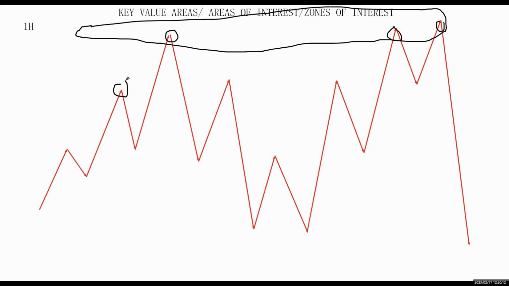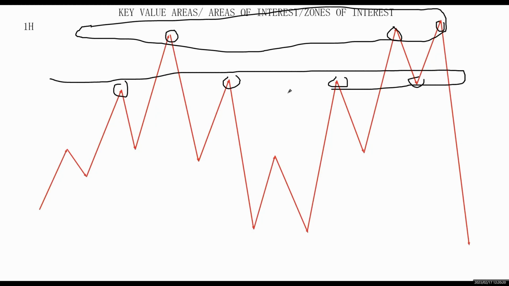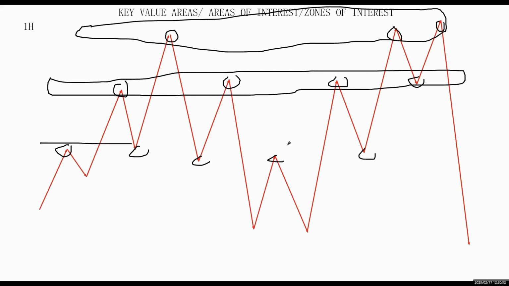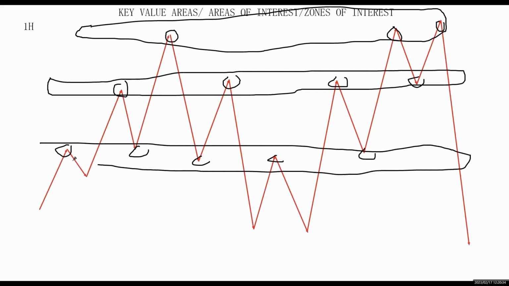Look at this: 1, 2, 3, 4. All of those zones right here become another area of interest, or zones of interest, or key value area, depending on what different traders call it. You can see it right here. So this is the advanced way of using the horizontal supports and resistances.